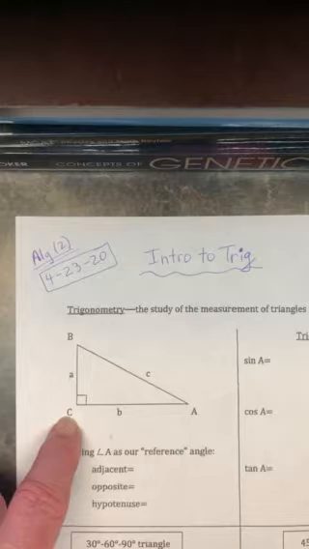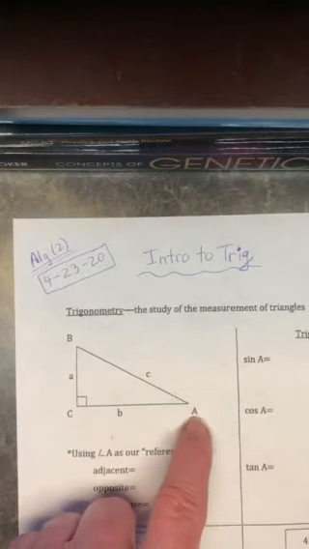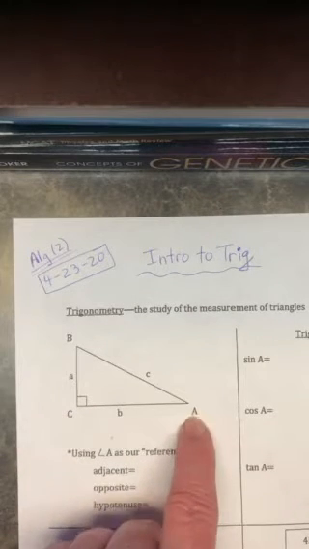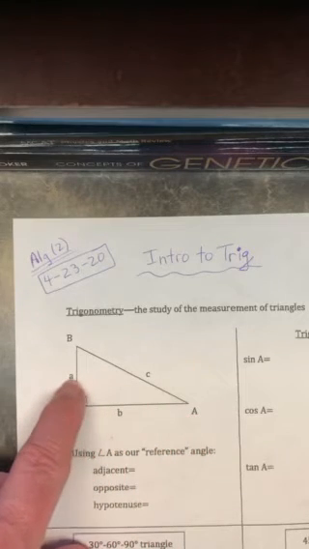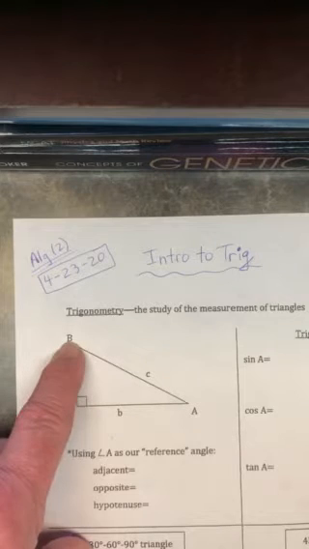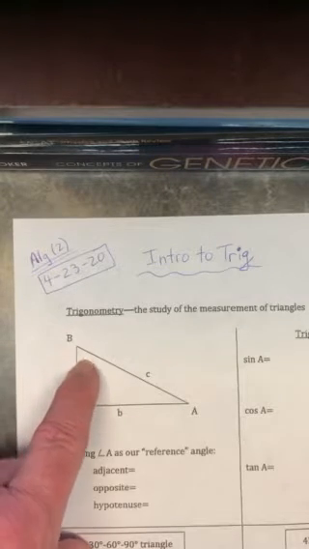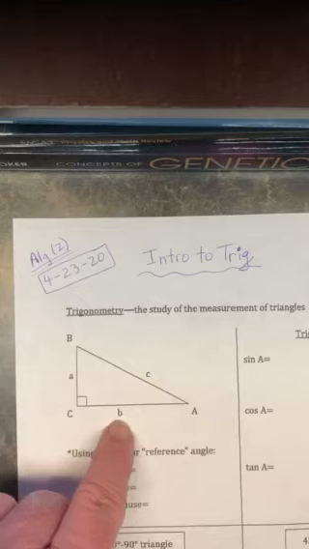And remember the rule from geometry, if angle A is in this corner right here, the side that's across from angle A, you're going to label as side A. Angle B is up here at the top, so the side that's across from him is little b.